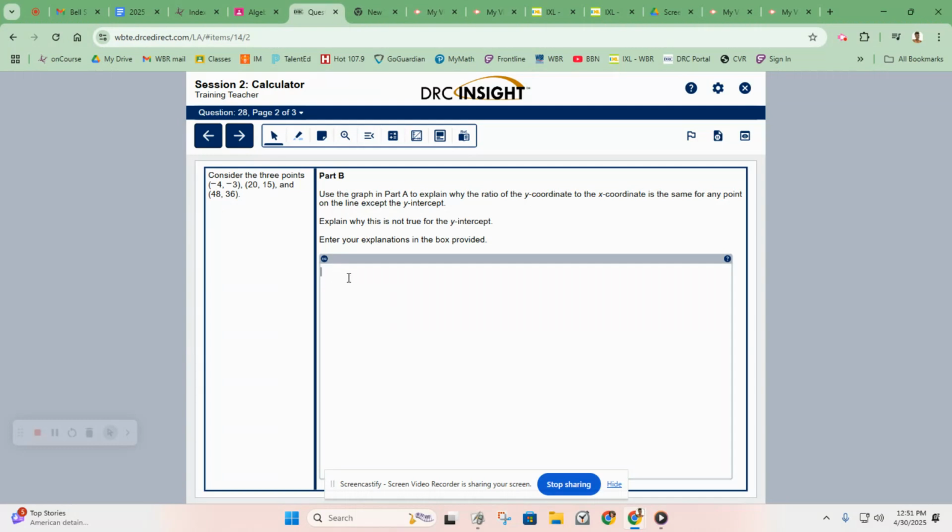So remember your slope formula, y2 minus y1, so I'm going to put that in here, m equals, oh wow, I really can't do the subscripts on here. So we know what the formula is.